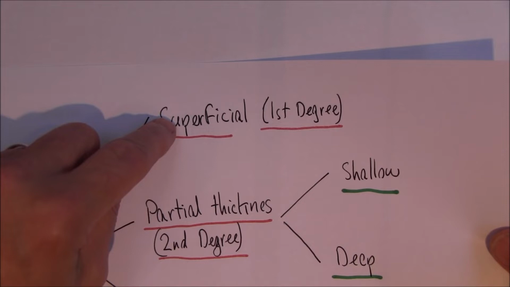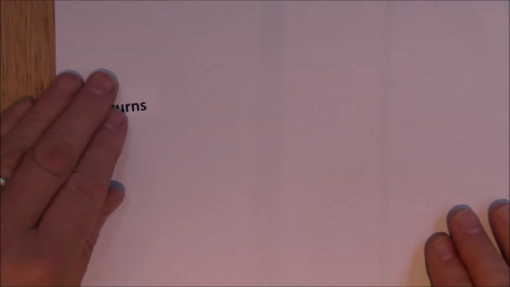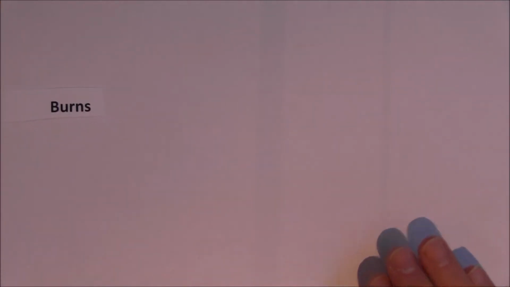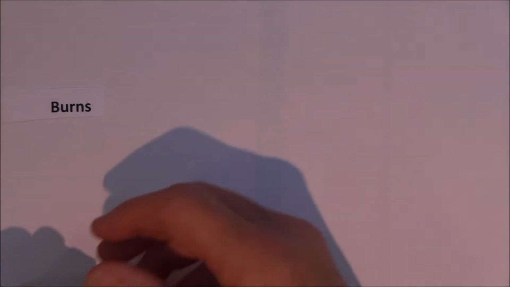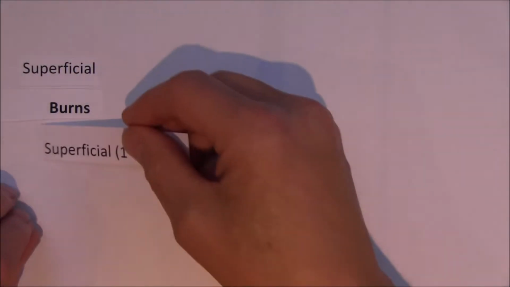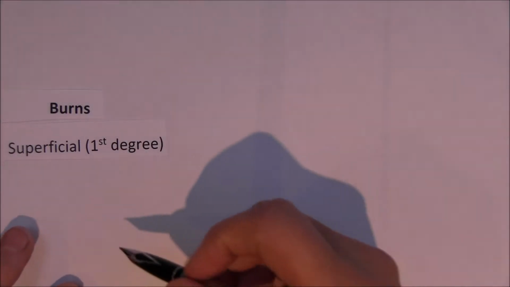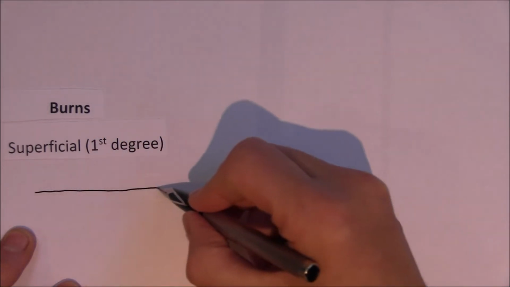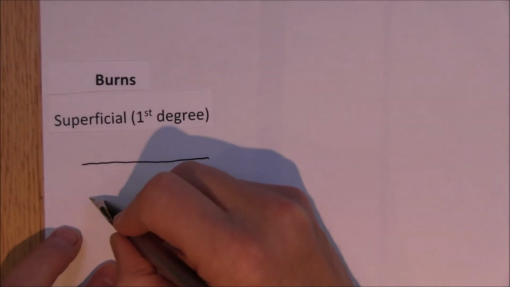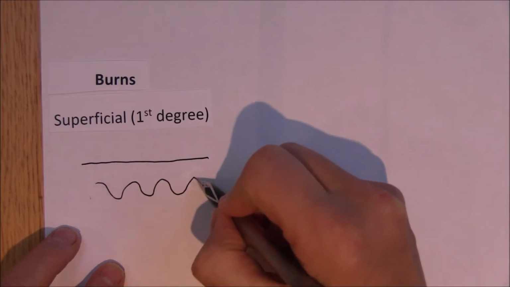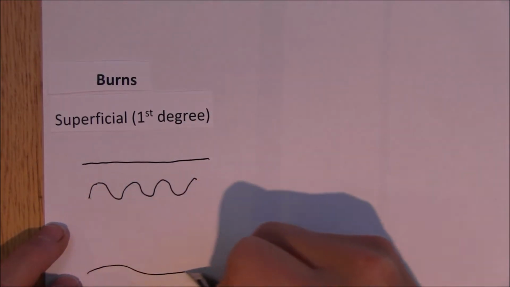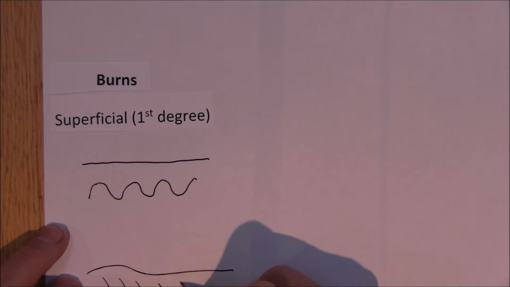What I want to do now is look in more detail at the superficial types of burns. So burns, as we see here, can be superficial, and these superficial burns are sometimes called first degree burns. And what we're talking about is when we think about the skin, we've got the epidermis on top, the wavy line between the epidermis and the dermis below and the hypodermis below that.